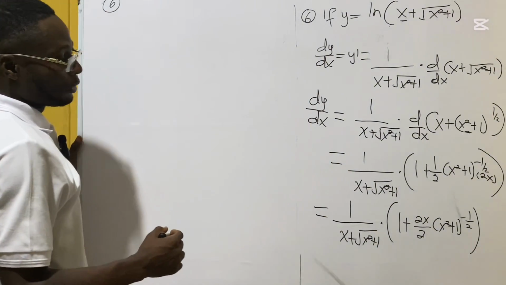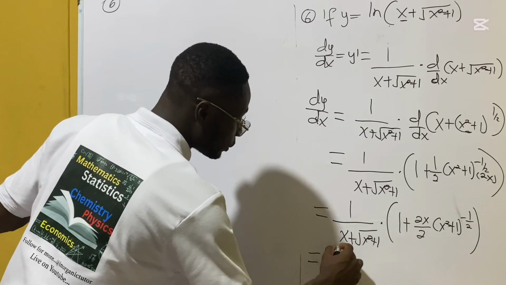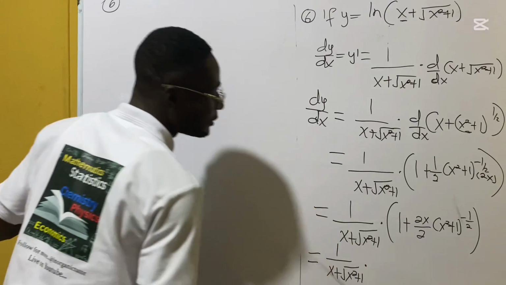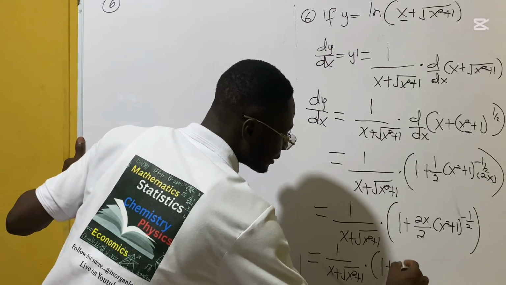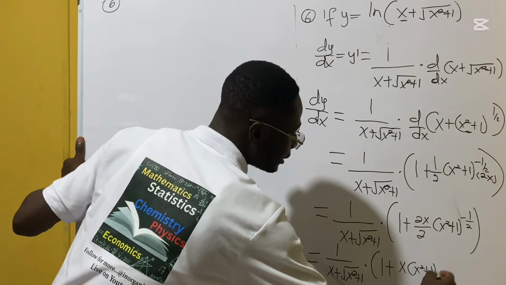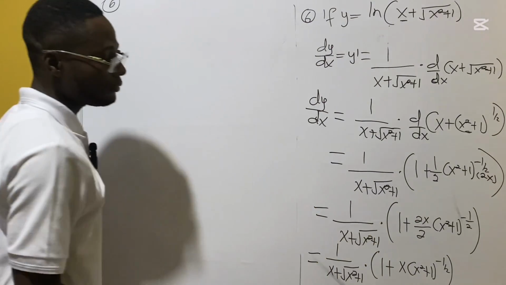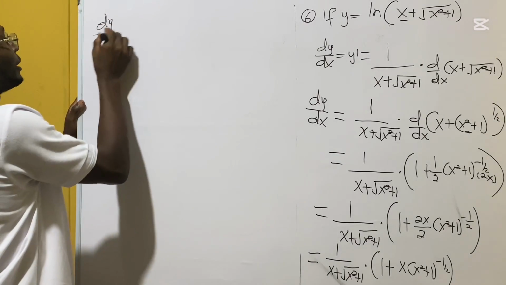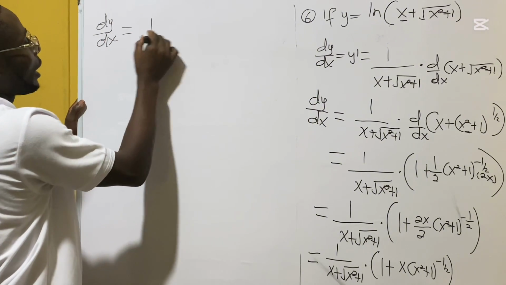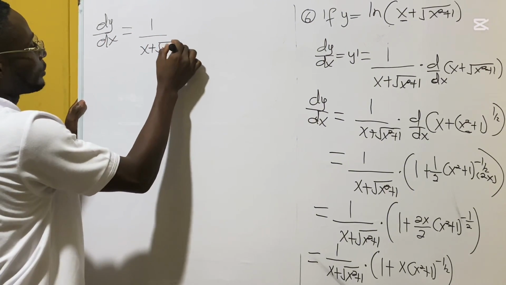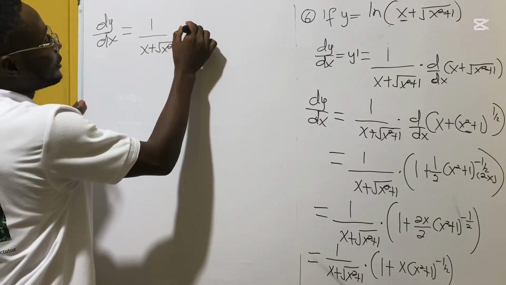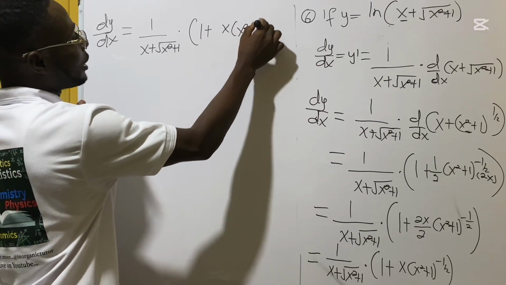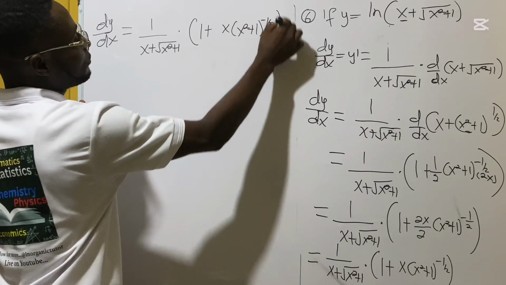So from here, we can say that this is equal to 1 over x plus square root of x squared plus 1, times 1 plus x into (x squared plus 1) exponent negative half, right?